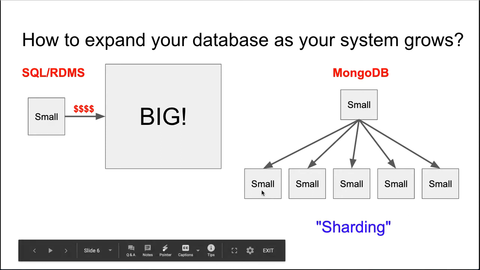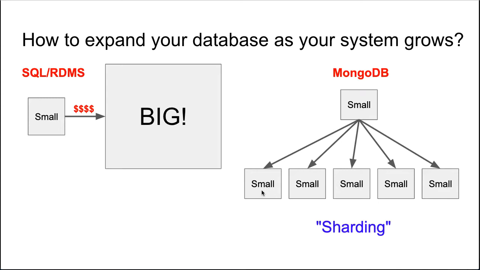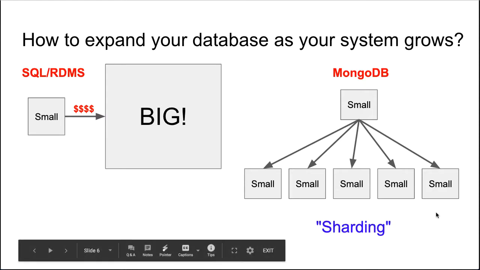So this can be across a single collection, right? In SQL terms, in a single table, it's going to take 10 rows and put them on this machine, 10 rows on this machine, 10 rows on this machine, and so on, right? And so you can have as many of these as you want, and MongoDB will automatically split it so that an equal amount goes on each of these small machines.